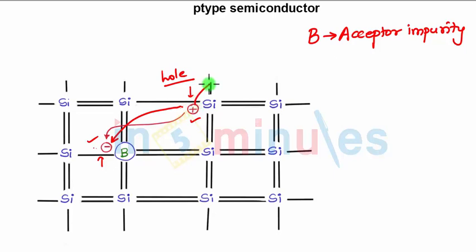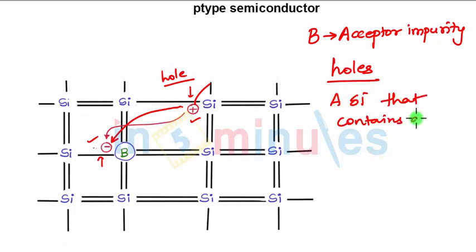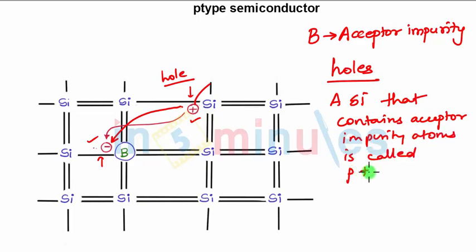Now this process is called doping, which can be used to control the concentration of holes, whereas in the case of phosphorus we were dealing with the concentration of electrons in a semiconductor. A semiconductor that contains acceptor impurity atoms is called a p-type semiconductor.